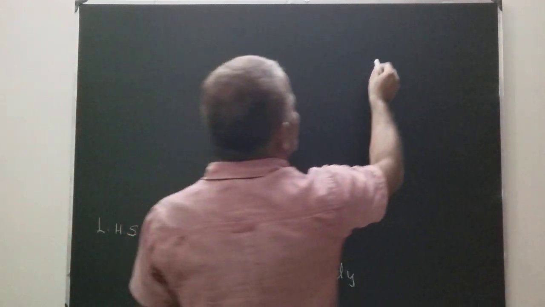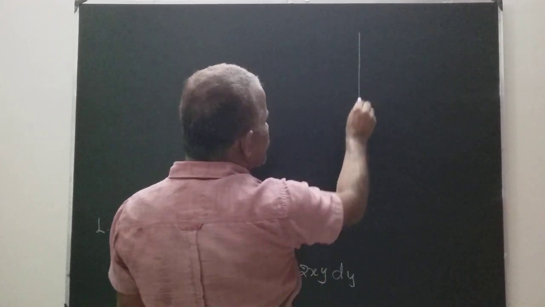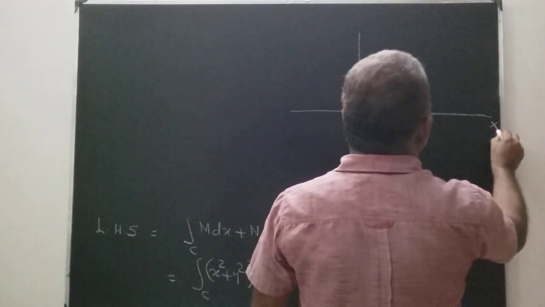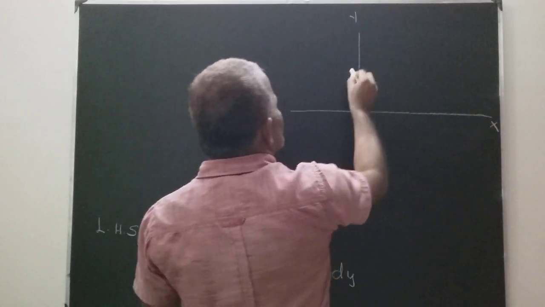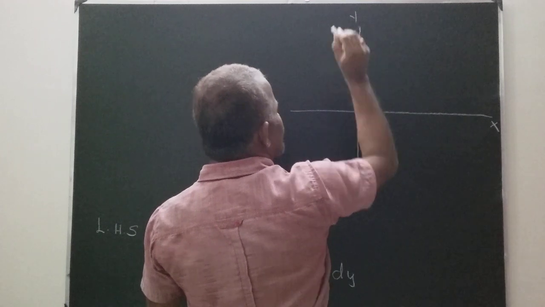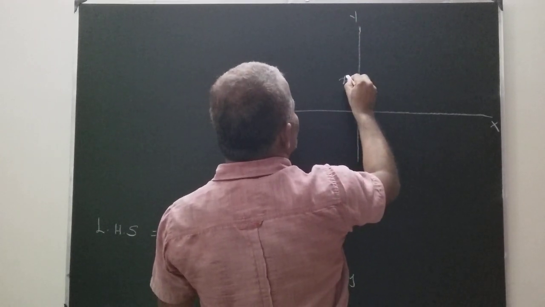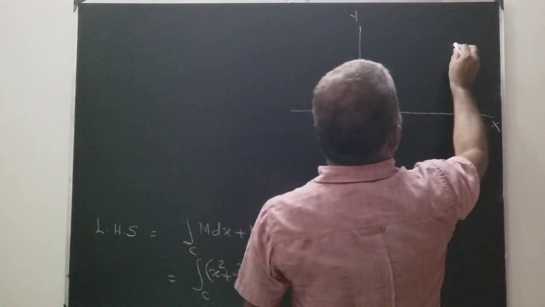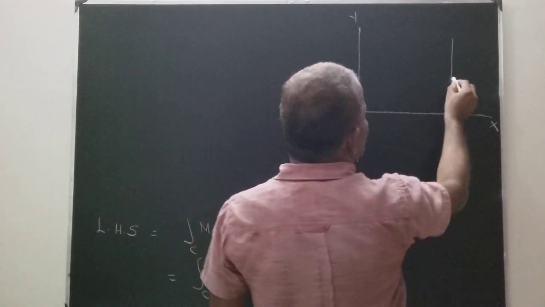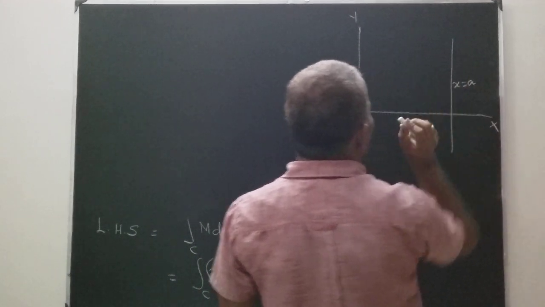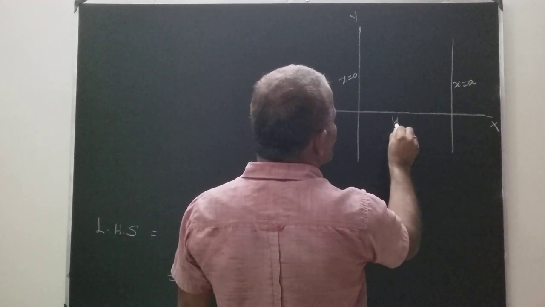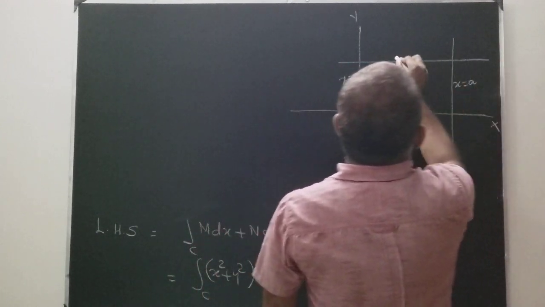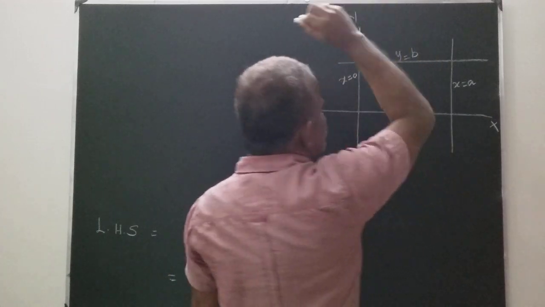Now C is the rectangle in the xy plane. This is the x-axis, y-axis. This line is x is equal to 0, this line is x is equal to a, this line is y is equal to 0, this line is y is equal to b.